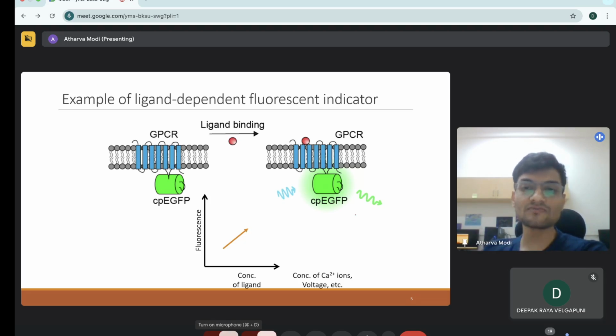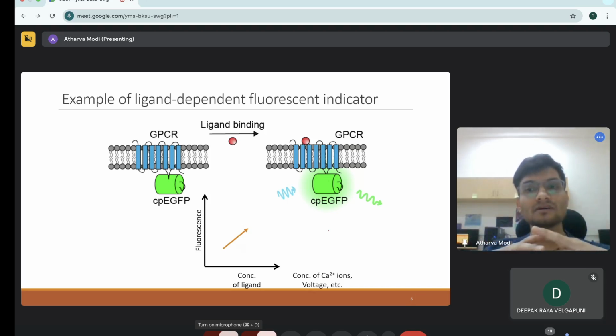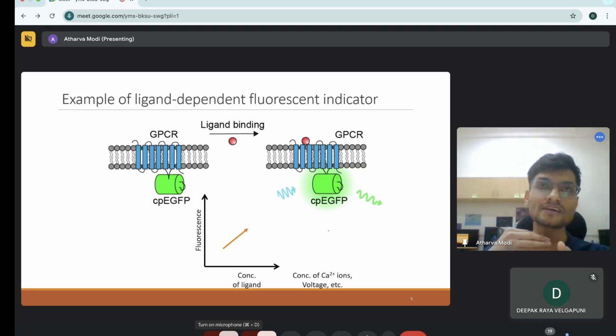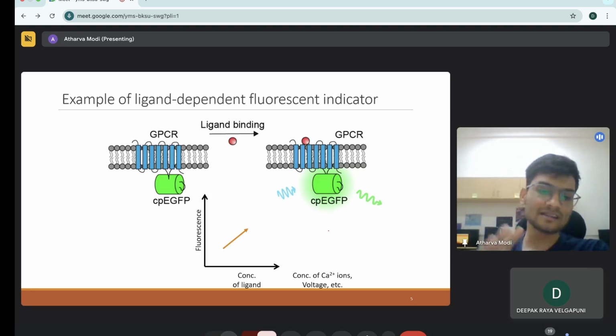Now if this kind of indicator is present in your cytoplasm and an influx of calcium happens inside the cytoplasm, then you will get an increased fluorescence overall. If some cells of that area fire, then you will get an increased fluorescence. If all cells fire, then you get a very high fluorescence. So that is the kind of characteristics these biosensors have.